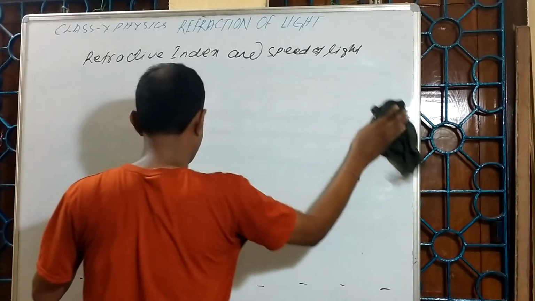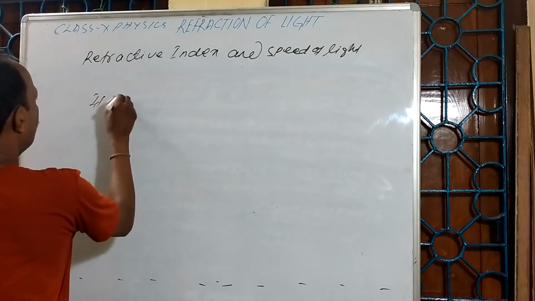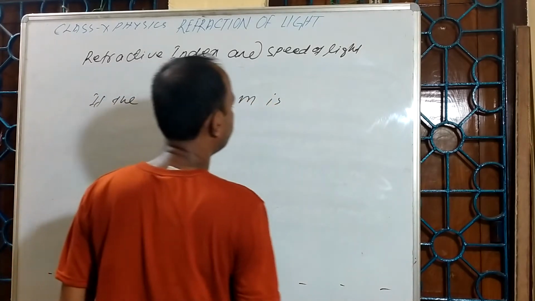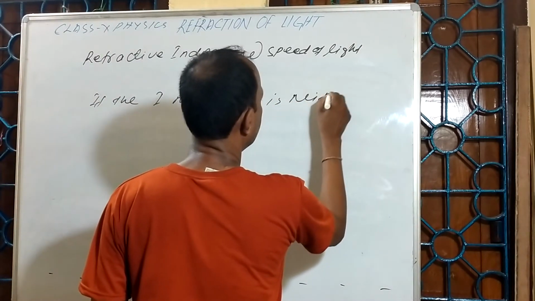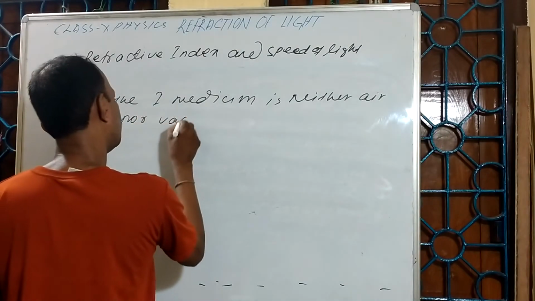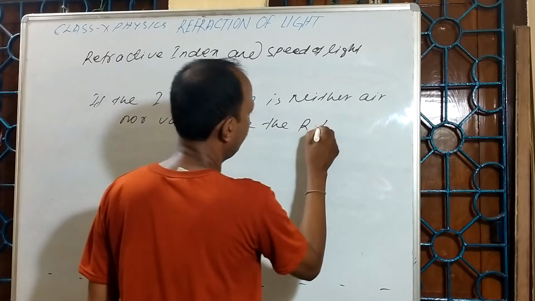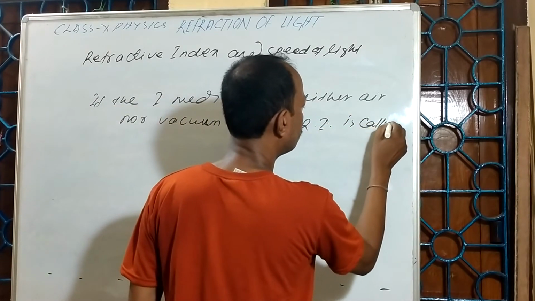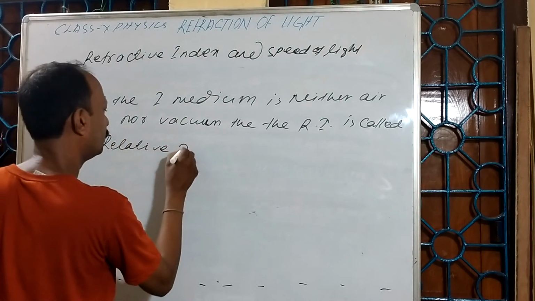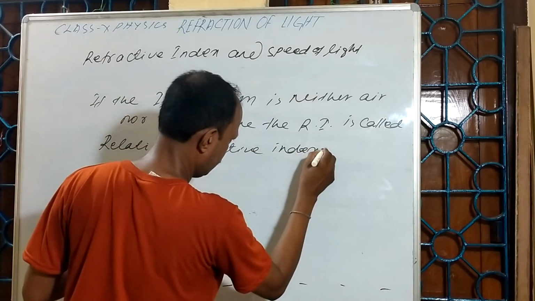suppose the medium is neither air nor vacuum. If the first medium is neither air nor vacuum, then the refractive index is called relative refractive index.